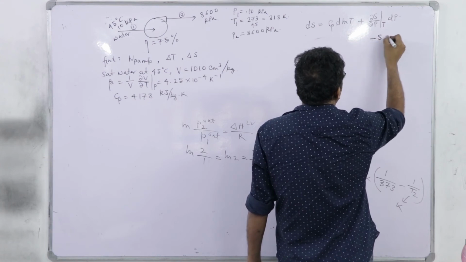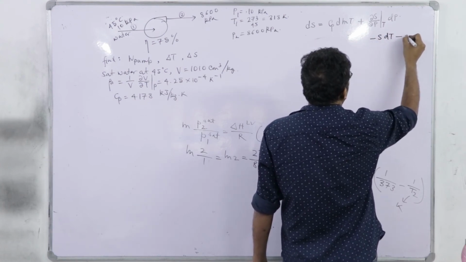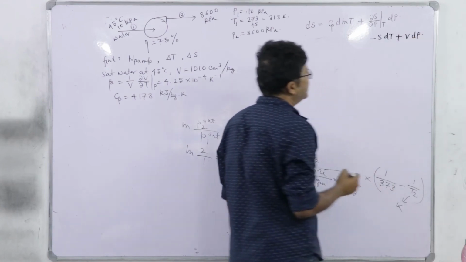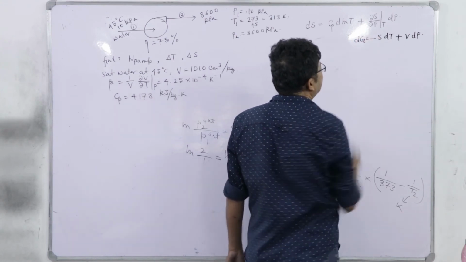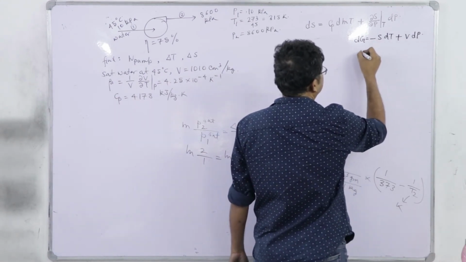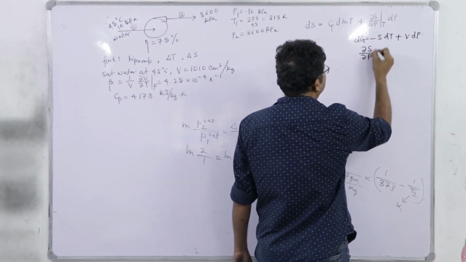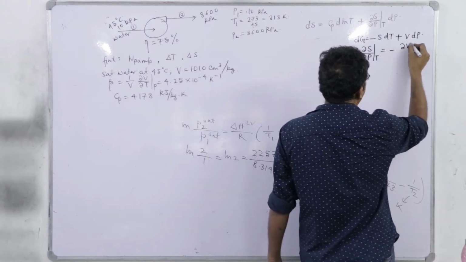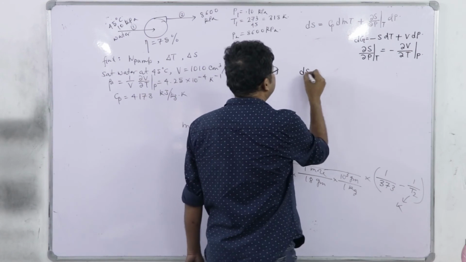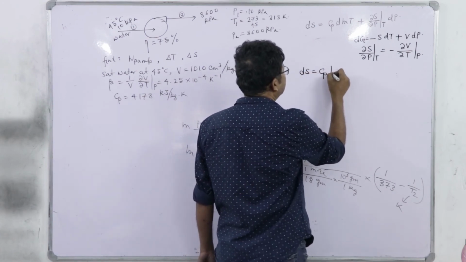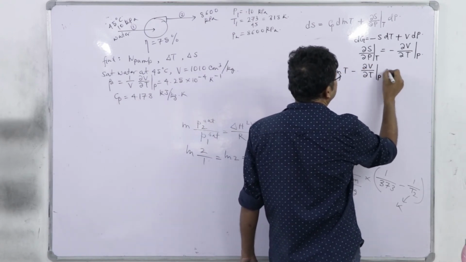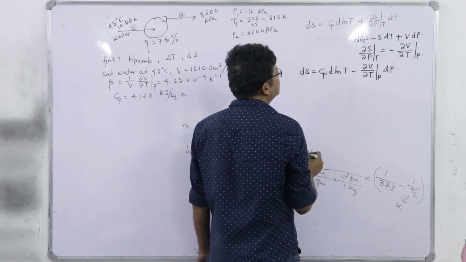So, minus S dT plus VdP, right, that is dG, and this G being an exact derivative, it will satisfy del S del P at constant T equal to minus del V del T at constant P. So, dS is equal to Cp d ln T minus del V del T at constant P dP, right.